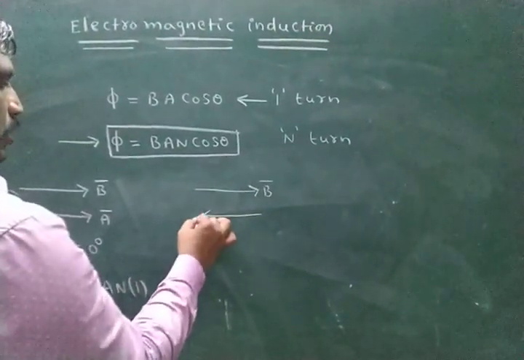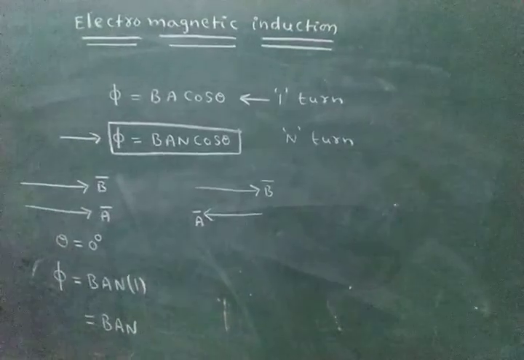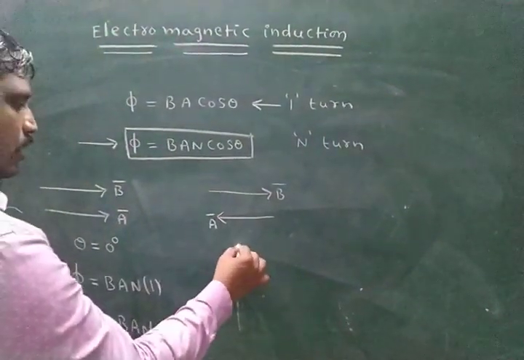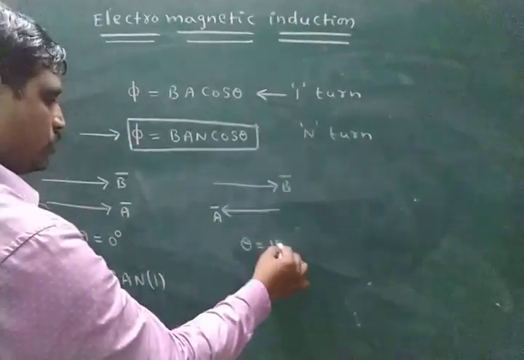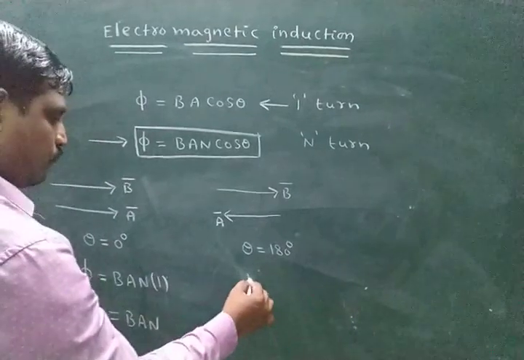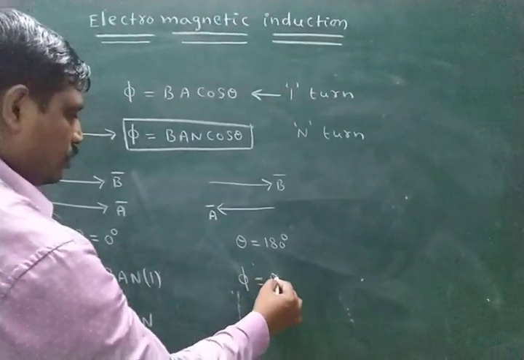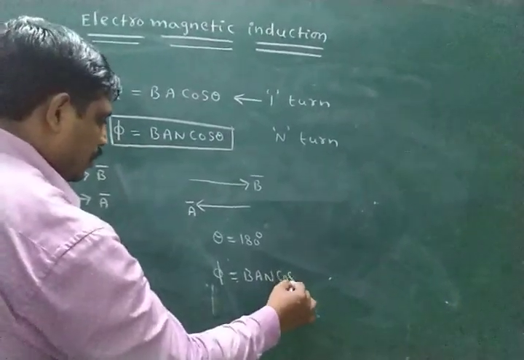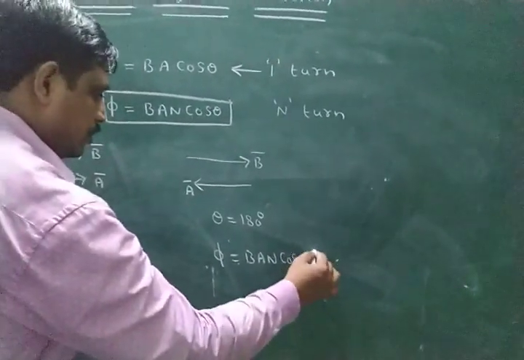For example, B is the direction of the magnetic field, and this is the direction of area. In this situation, B and A are in opposite directions, so theta is 180. Flux is B A n cos 180.